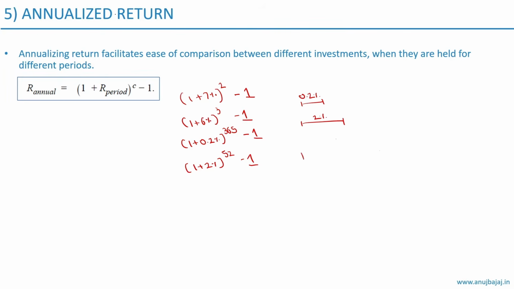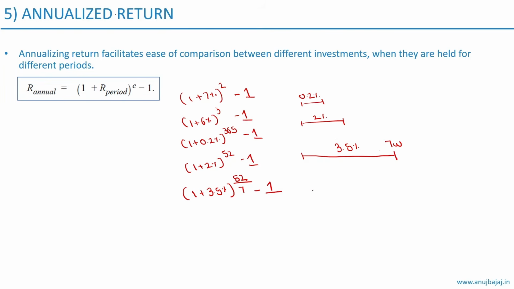Now suppose I had earned 3.5% in 7 weeks, then the annualized rate of return will be 1 plus 3.5% raised to the number of weeks in a year divided by the number of weeks for which I held the investment, which is 7, and we subtract 1 from it.